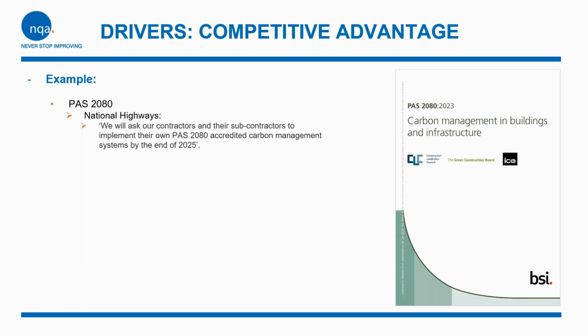All of their contractors and their subcontractors are to implement their own PAS 2080 accredited carbon management system by the end of 2025. So this is a huge thing for the construction industry at the minute. At NQA, we're really being quite inundated with inquiries around this at the minute, but we're well placed to provide the service to those who need it.